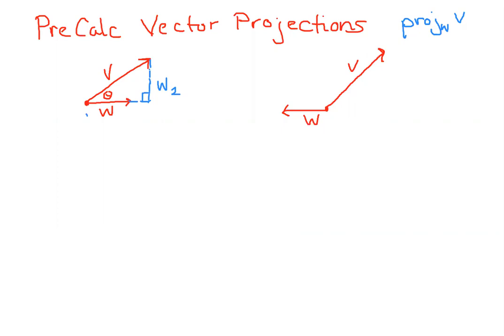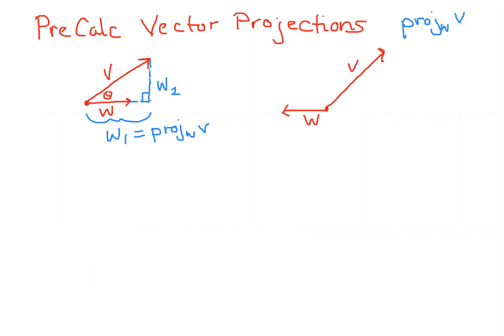And here's W1. V is decomposed into these perpendicular vectors. We talked about that in the other chapter or the other section. And this W1 is the projection of V onto W.